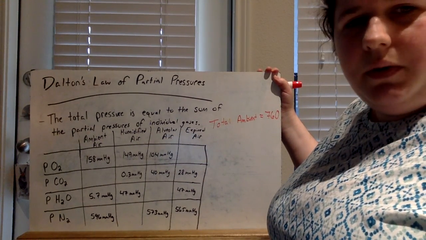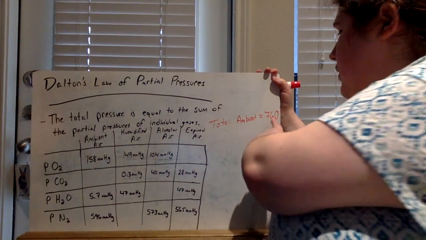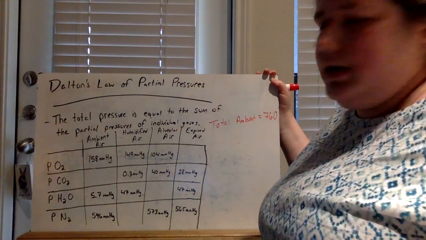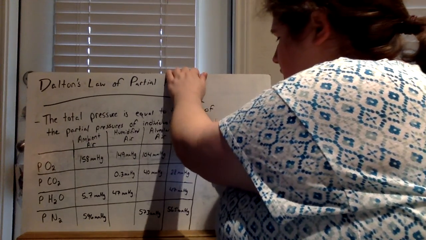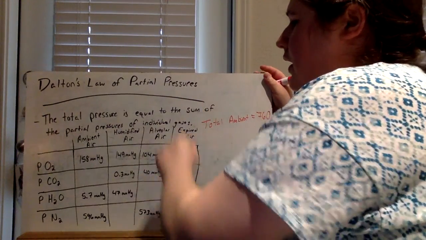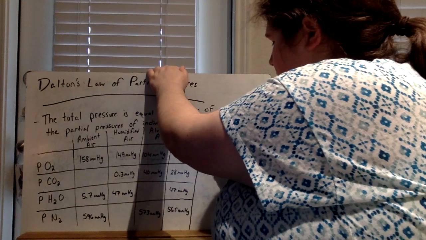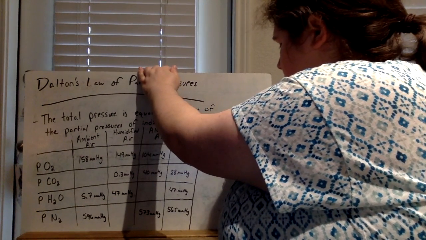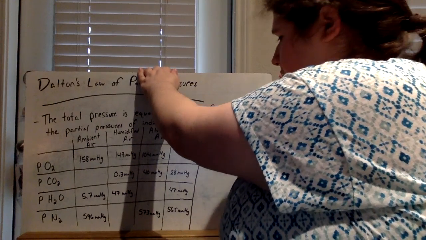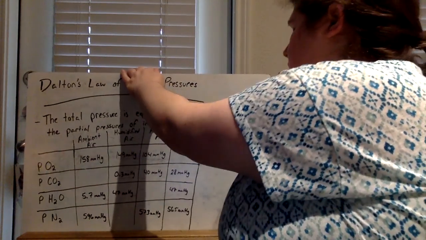So let's take what we know, subtract it from our total to get our missing piece. Okay, so I know that I have 158, 5.7, and 596.